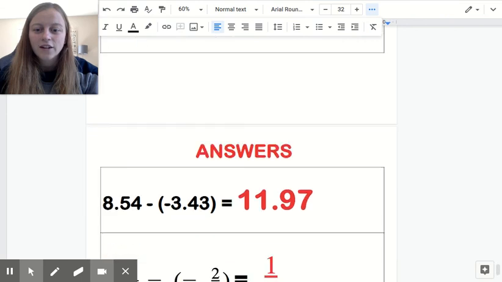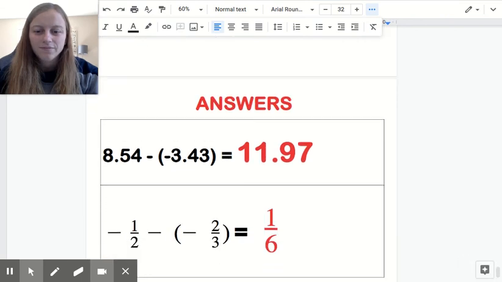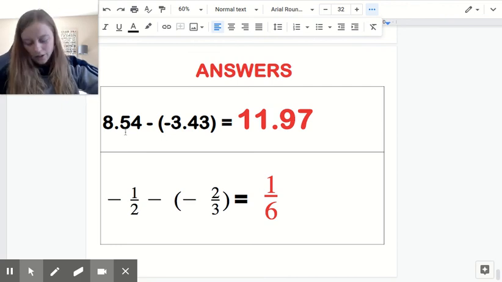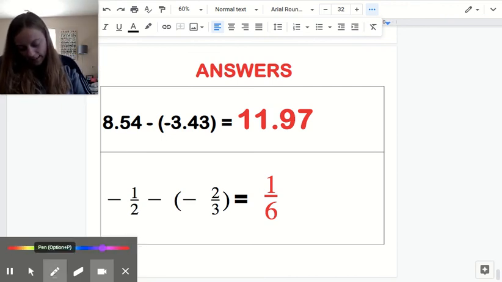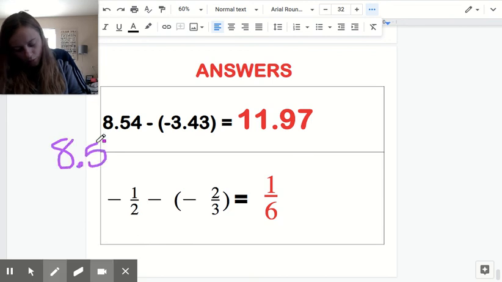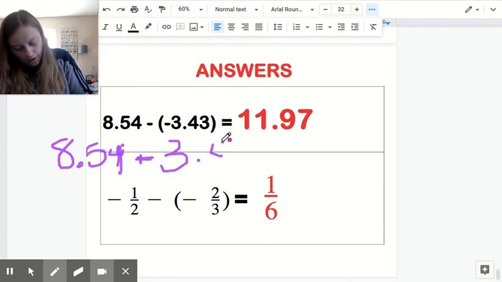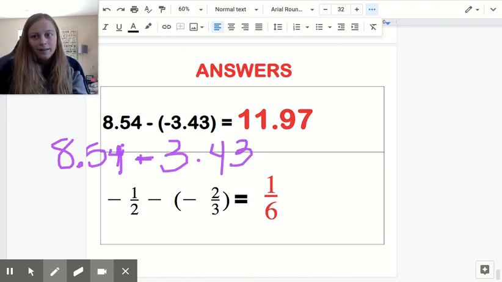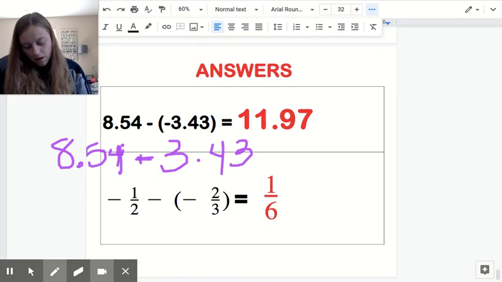All right, let's check our answers for that one. So when I KFC'd this decimal problem here, I really had 8.54 plus, and I changed this to a positive 3.43. Lined up my decimals, added them, and they're both positive, so my answer is positive.